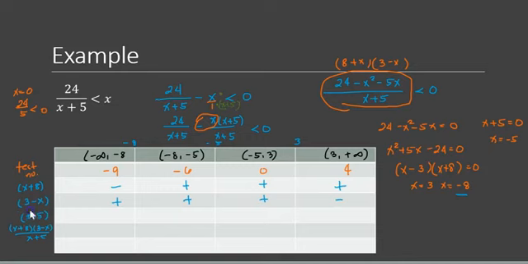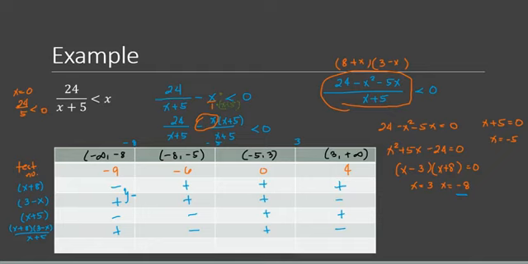For the last factor, x plus 5, negative 9 plus 5 is negative, negative 6 plus 5 is negative, 0 plus 5 is positive, and 4 plus 5 is positive. Then we multiply the signs: negative times positive divided by negative is positive. Then positive times positive divided by negative is negative. Then these are all positive, and this last one is negative.